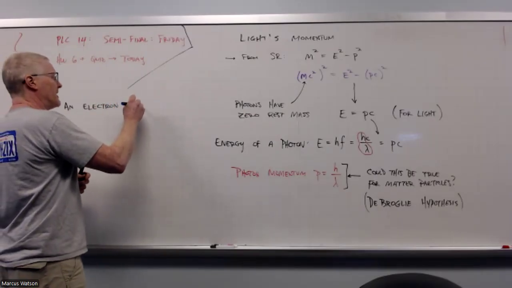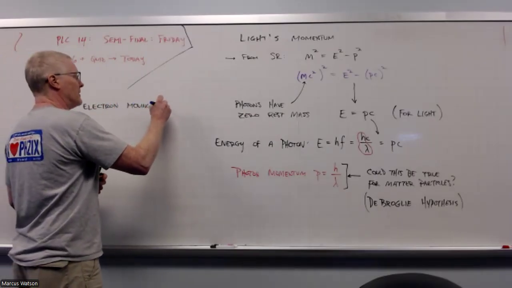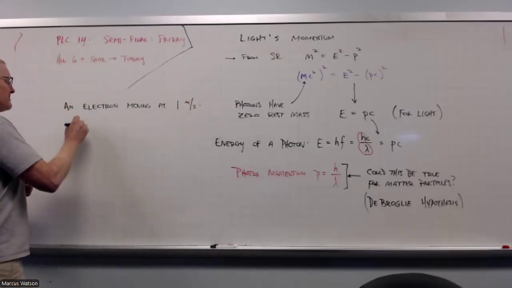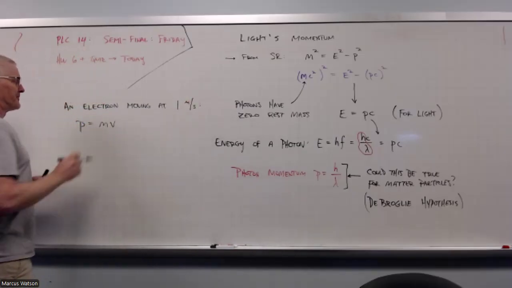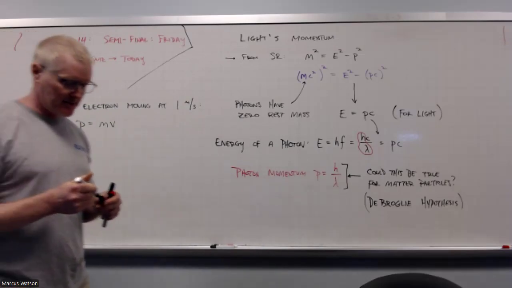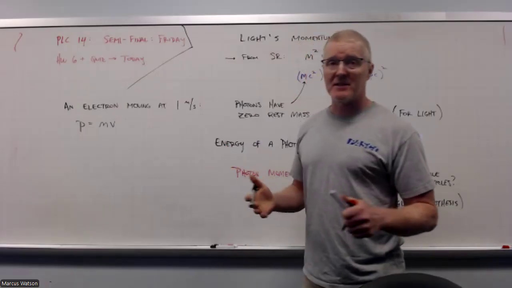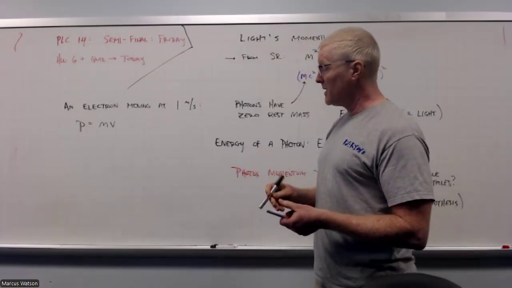An electron moving at 1 meter per second. The momentum of the electron would be mass times v. Right? That's our classical definition of the momentum. It is non-relativistic, so gamma is basically 1 at this point.